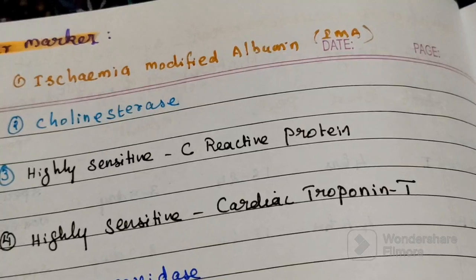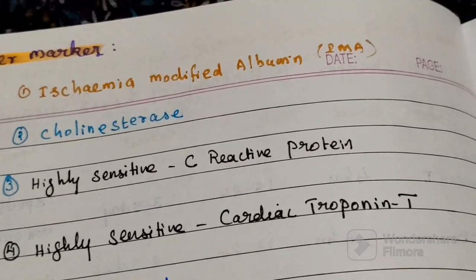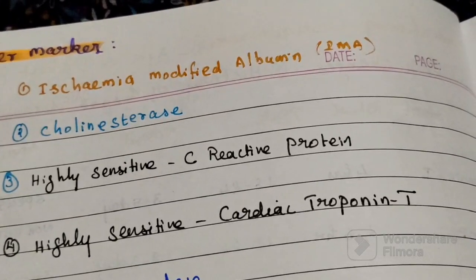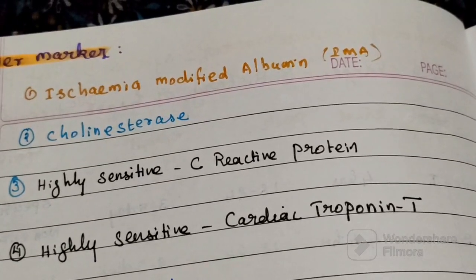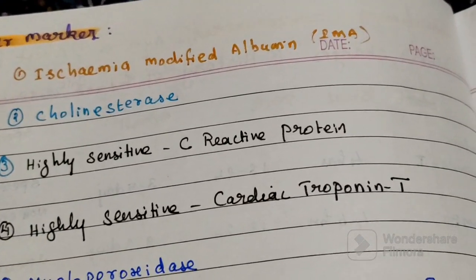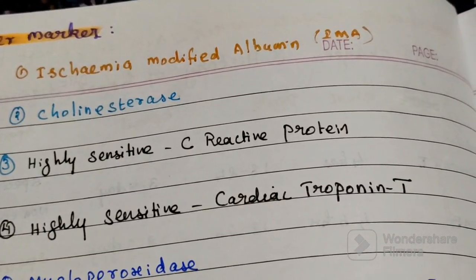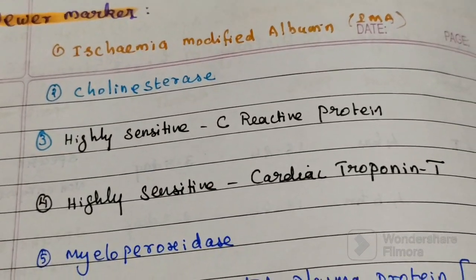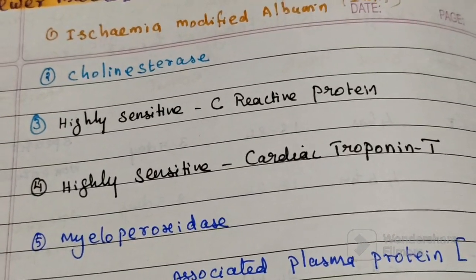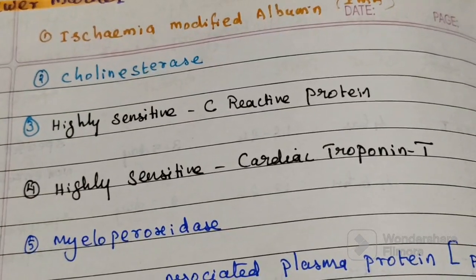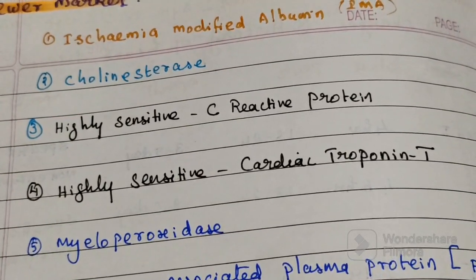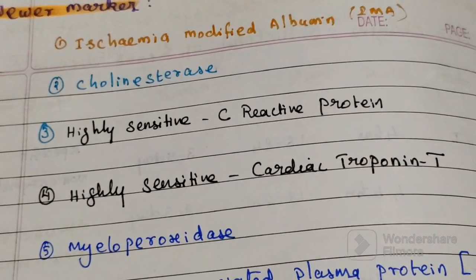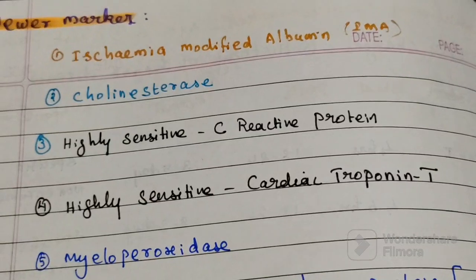It also helps in assessment of future attack of myocardial infarction in patients previously diagnosed with myocardial infarction. This one is used for assessing future risk of acute myocardial infarction.